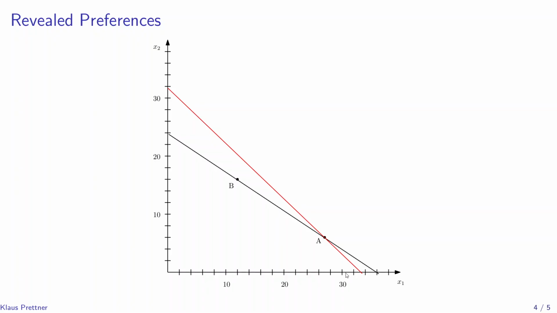So for example, for a budget constraint that looks like this one here, where the price of good 1 increased and the price of good 2 decreased, still A and B are both in the affordable set, and we know that with this budget constraint, the consumer would also prefer A over B when it preferred A over B in the previous situation here.